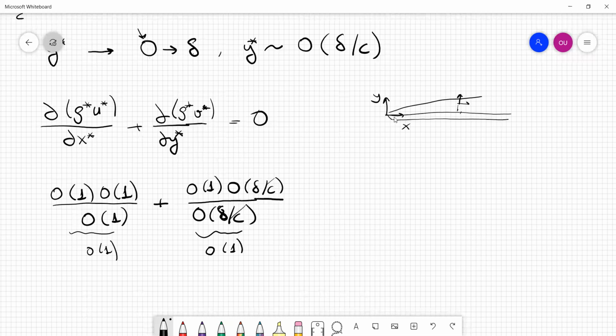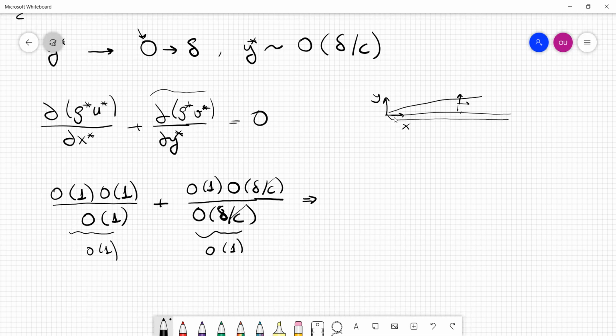So the result of this analysis says that the first term and the second term of this equation are in the same order of magnitude. We cannot say that the second term is much smaller than the first one, so I will neglect it. Or vice versa, that the first term is much smaller than the second term, so let's neglect the first term.